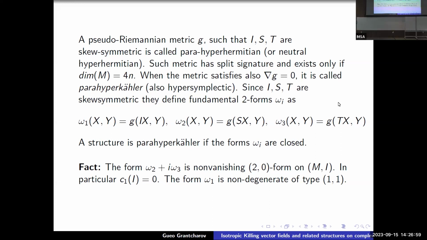Well, usually at this point, for people who pay attention, I kind of apologize because this terminology of para is a little bit strange. It came first, I think, from Libermann in the 50s when she called para-complex structure this type of product structures for which the trace is zero, the positive and negative.